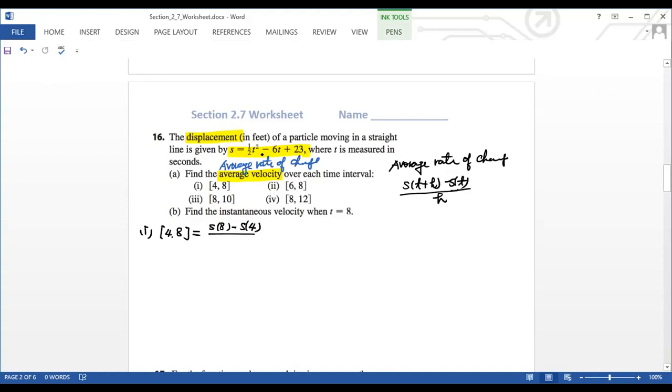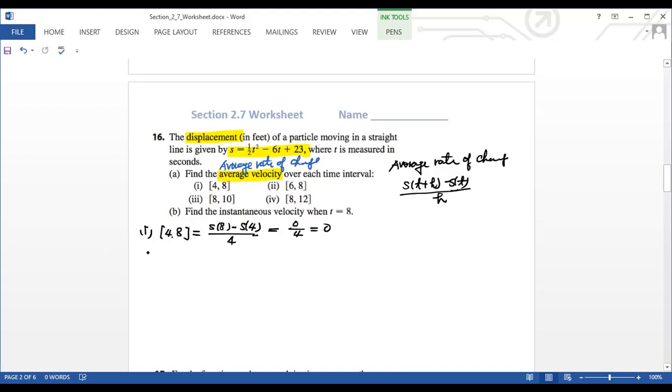So you plug t with 8 and 4. Now how many seconds in between? It is 4 here, correct? Now if you plug the numbers in there, S of 8, S of 4, what will you have? You will have 0 over 4. So it's 0 here.